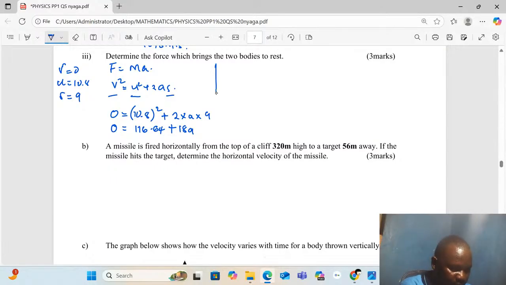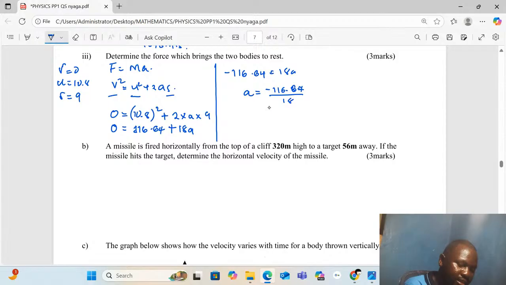So this becomes negative 116.64 is equal to 18A. So our A finally becomes negative 116.64 divided by 18. And this will lead us to our acceleration being negative 6.48 meters per second squared.